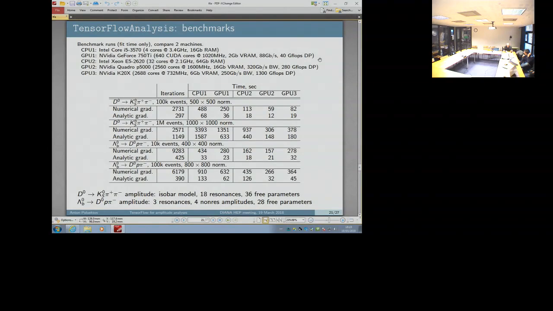Minuit was designed to do a local minimum, and it's not clear that it was designed to address the issues of saddle points in multidimensional spaces very well. There's lots of evidence that it fails. Yeah.